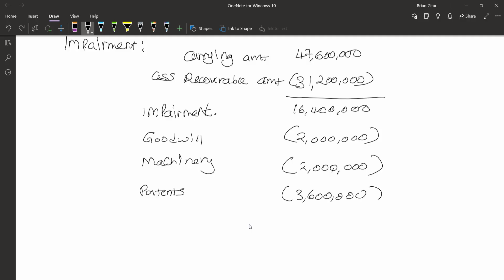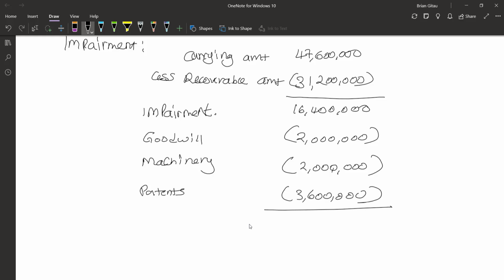3.6 million. Now, what will be my new impairment loss? What will be my balance of impairment loss after removing all this, so that I can distribute this impairment loss among the items in the cash generating unit?